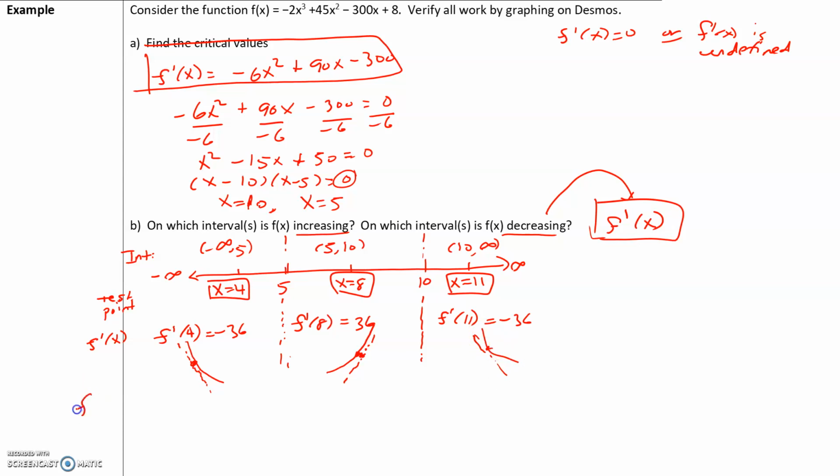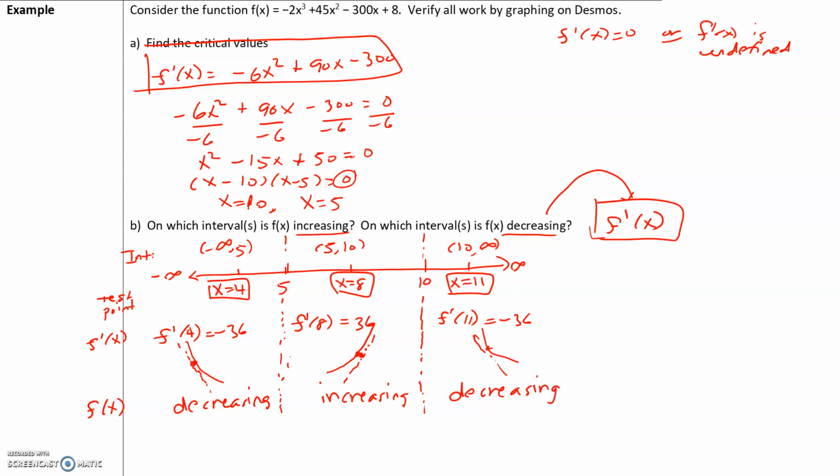So now we make a conclusion about the original function f of x. Since the first derivative is negative, the function is decreasing over the first interval. Since f prime of 8, the first derivative, is positive, the function is increasing over this interval. And over here, the function is decreasing.